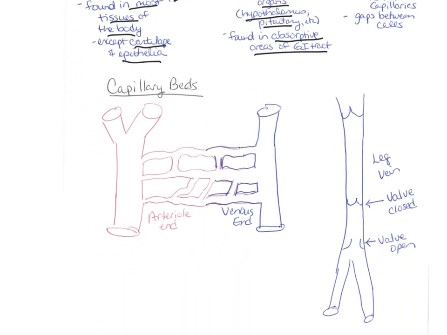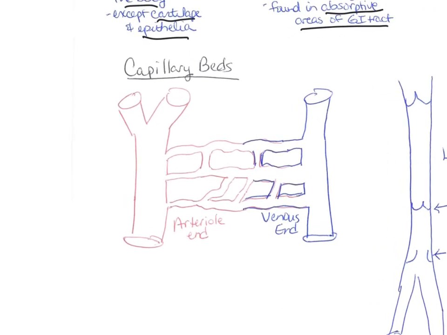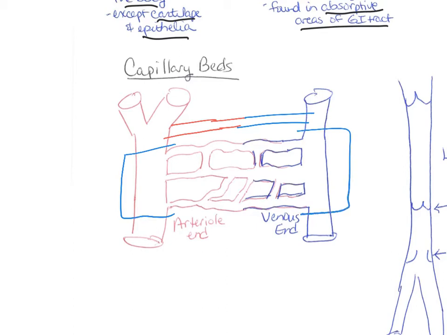So then here's what a capillary bed looks like. Like I said, we usually don't have one capillary going from an artery to a vein. That's just not very common. Instead, we have what we call these capillary beds, right? And in this capillary bed, which is an interconnected network of these capillaries, we'll see that a single arteriole, and that's what this is, an arteriole, can give rise to a dozen different capillaries.